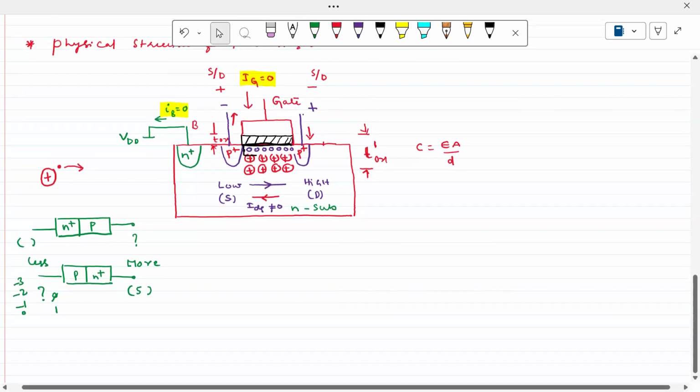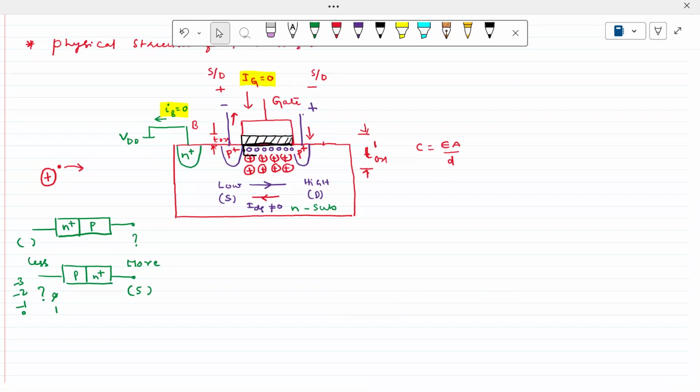The second point is, if you want to move the carriers from the left side to the right side, in this particular case, what potential should I apply at this place? Is it high potential or low potential?